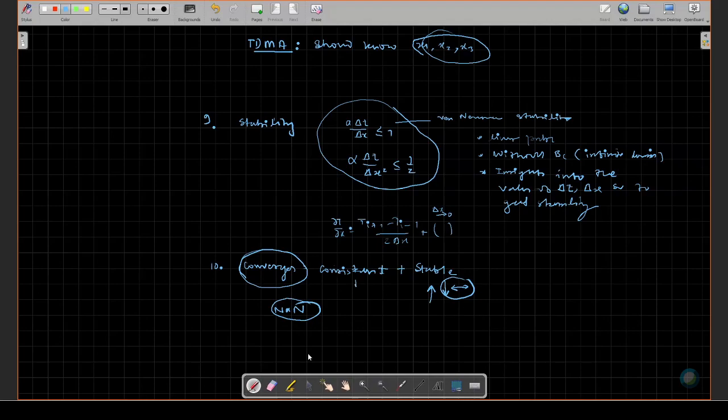A consistent scheme will not give you truncation error, nor will it land up in round-off errors, and stability ensures the convergence of your CFD code.